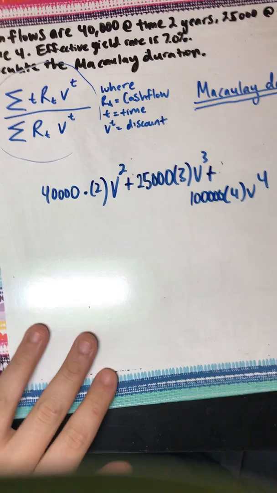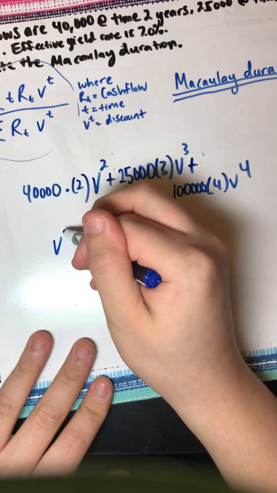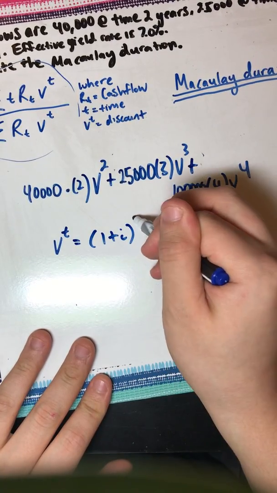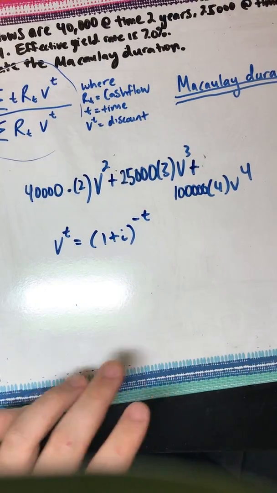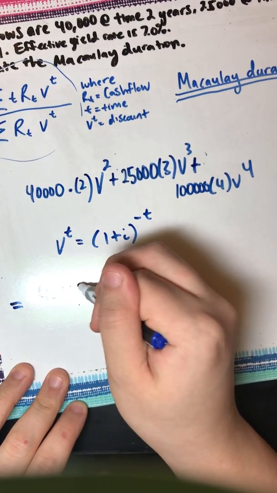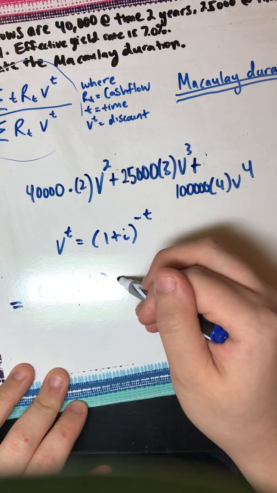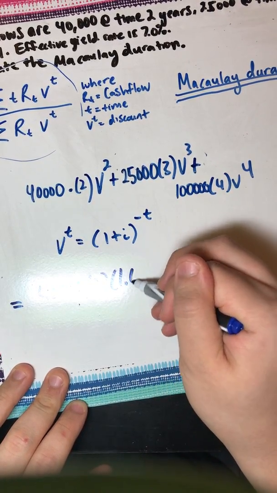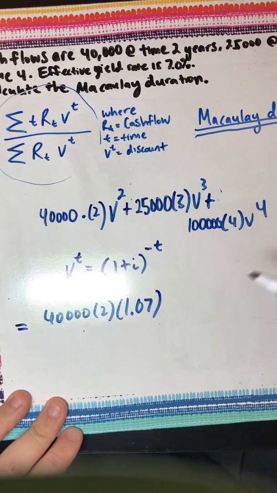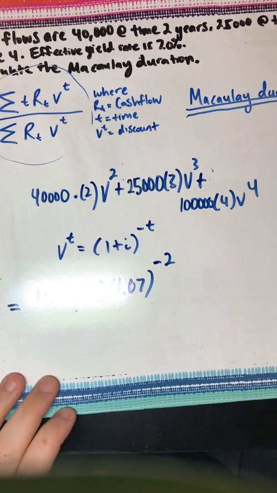Like that. So if you know the discount formula, which you should know by now, v^t equals (1 + i) to the negative t. So for this example, 40,000 times 2, and v squared would be 1.07, because it's a 7% interest rate, to the negative 2.